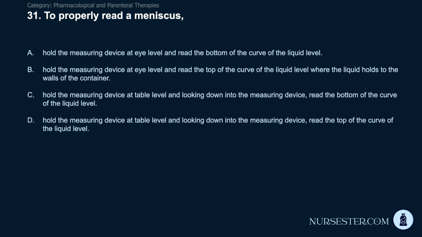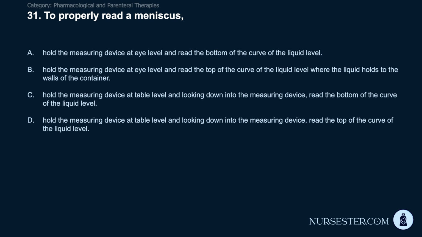31. To properly read a meniscus, A. Hold the measuring device at eye level and read the bottom of the curve of the liquid level. B. Hold the measuring device at eye level and read the top of the curve of the liquid level where the liquid holds to the walls of the container. C. Hold the measuring device at table level and looking down into the measuring device, read the bottom of the curve of the liquid level.